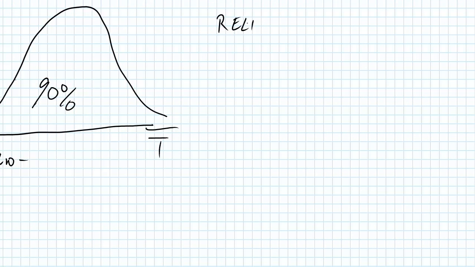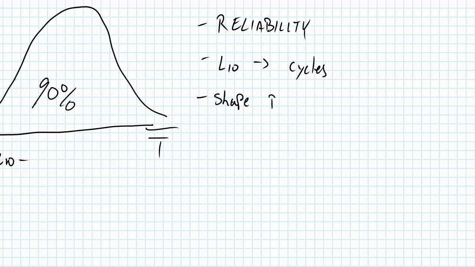So they may pick 95% reliability, they may pick 90. They will specify the rating lifetime, so how many cycles they refer to. So we have two examples in our textbook, one with 1 million cycles and one with 90 million cycles as the base. And they will also specify the shape of the reliability curve.